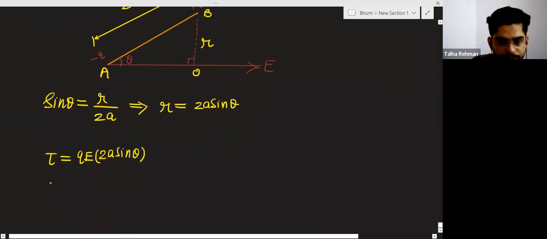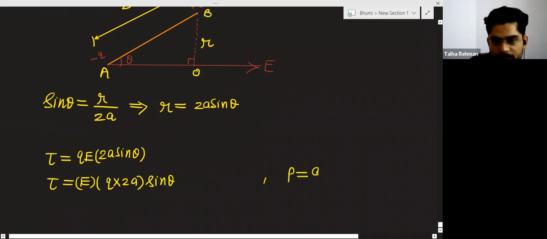and now we have E, we have Q into 2a, and we have sine theta, and dipole moment is Q into 2a.